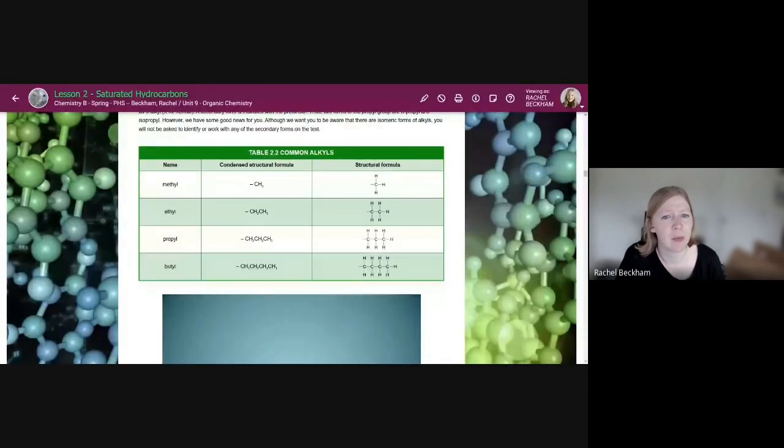This goes to table 2.2. If your branch is just a CH3 group, the name for that is methyl. If you have a branch that has 2 carbons on it, it's ethyl. If you have a branch with 3 carbons on it, it's propyl. If there are 4 carbons on your branch, it's butyl.